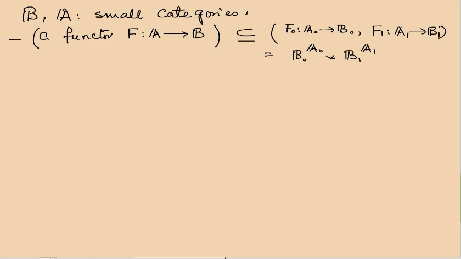But this statement is not quite clear. To give me a functor, you first have to give me a pair of functions, the object part and the morphism part. No, but to say this one is a subset of this, I don't understand why. By this bracket, I meant to say the set of all functors from A to B is a subset of the set of pairs of functions from A0 to B0 and A1 to B1.